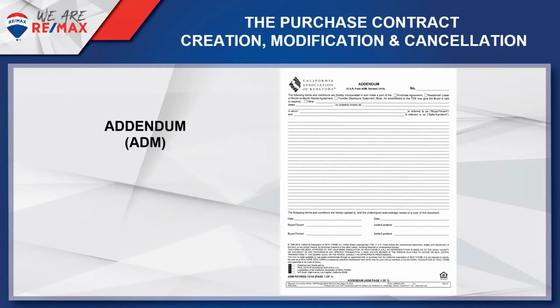What's the problem? The contract is very specific, the RPA. Any modification to the contract must be in writing, signed by both parties. I can't tell you how often agents have told me, "Well, I got an email from the agent saying their seller agreed to." Did you put it on an addendum?